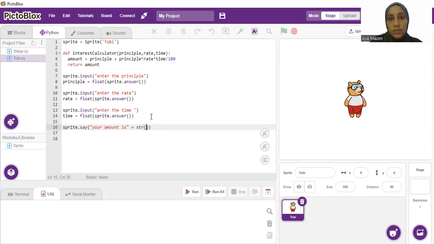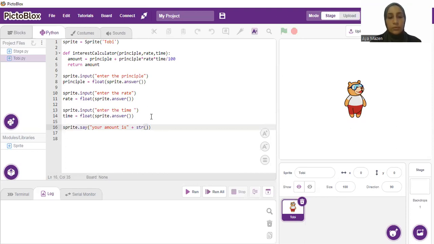Why do we need this? As the result of the calculation of this function interest calculator will be a number. We can't display it with letters together in the same line. So we need first to convert it to text.